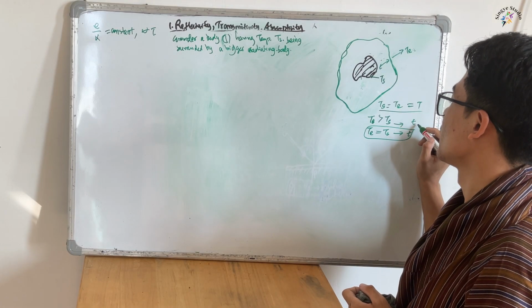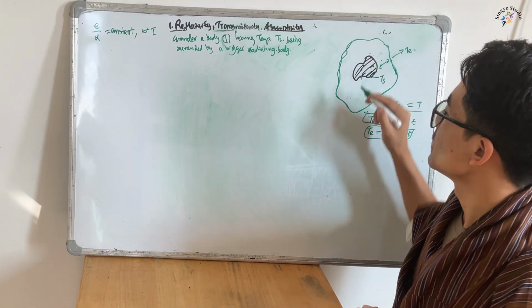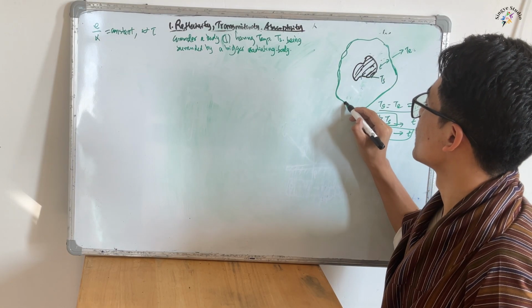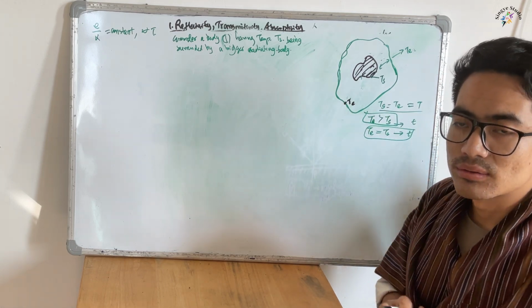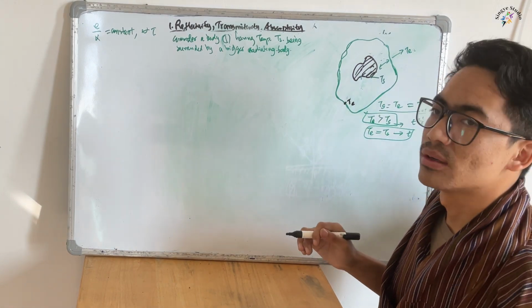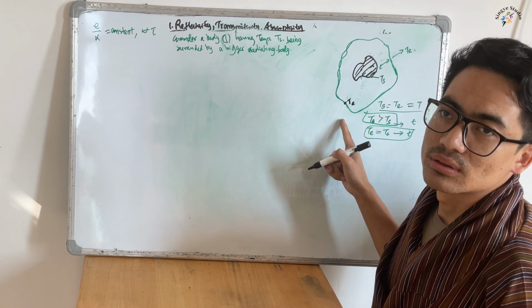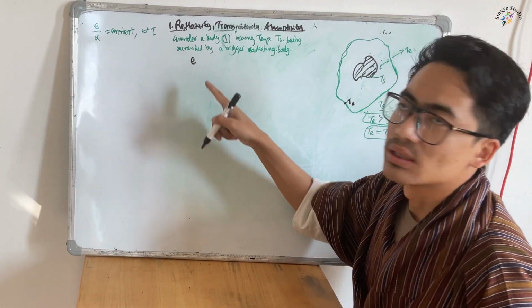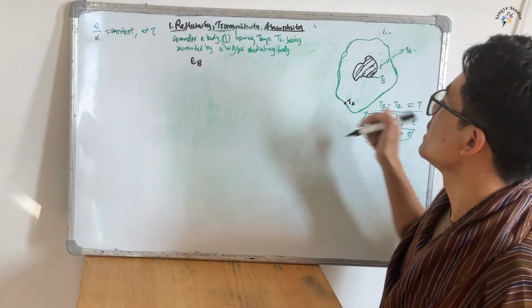During this time, when Te is greater than Ts, you should know that this boundary held at the temperature Te will emit some thermal rays, right? So you can say this emission is EB.